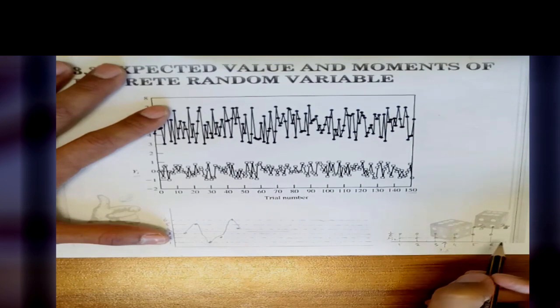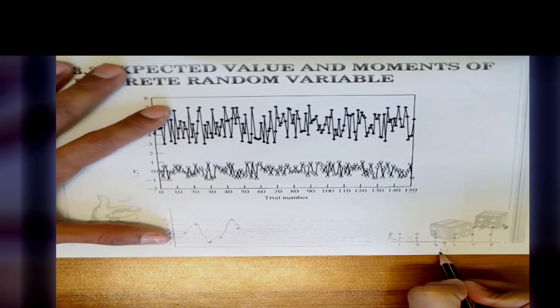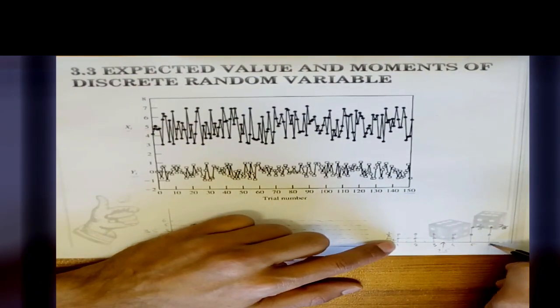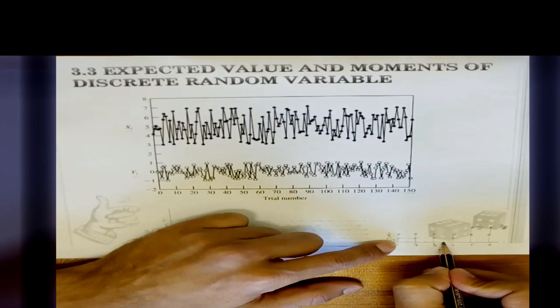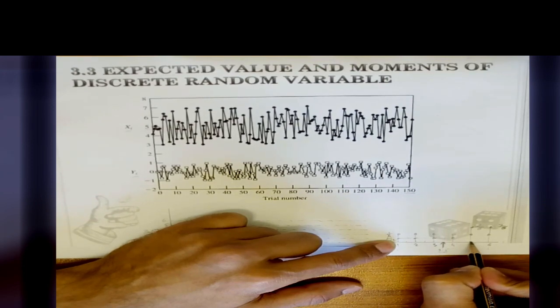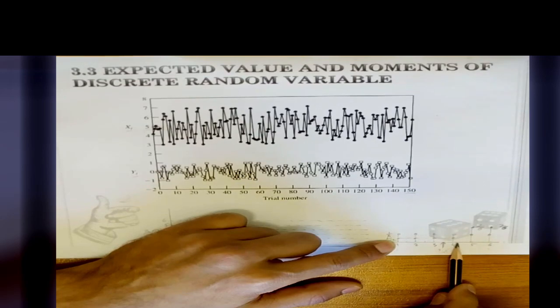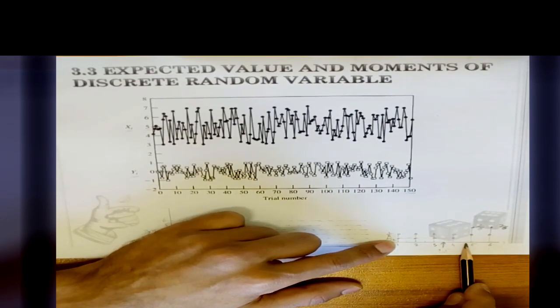Well, it will. Even though 3.5 is still the mid value going from 1 to 6, the center of gravity is not 3.5 anymore. So we have more weight on this side and lesser weight on this side. So the center of gravity will definitely shift towards the right.